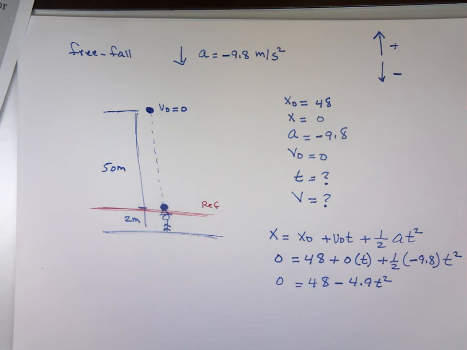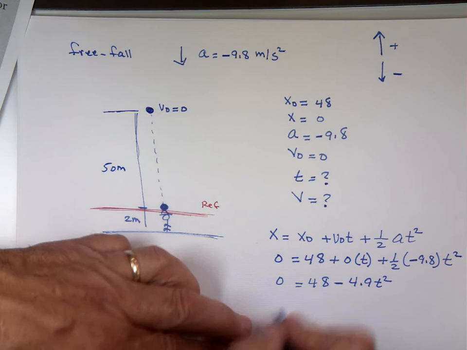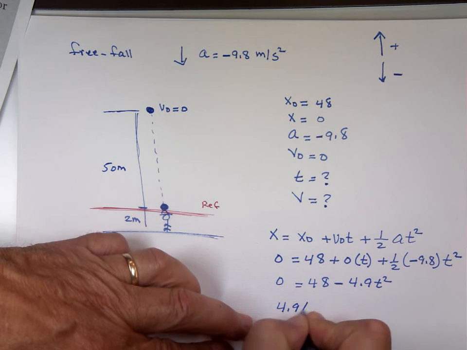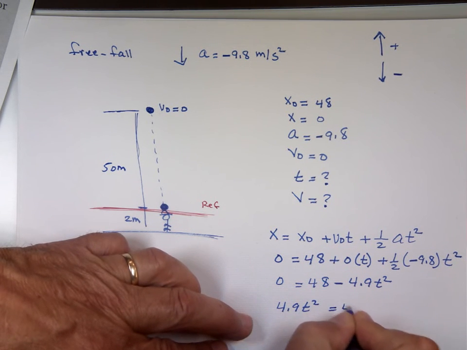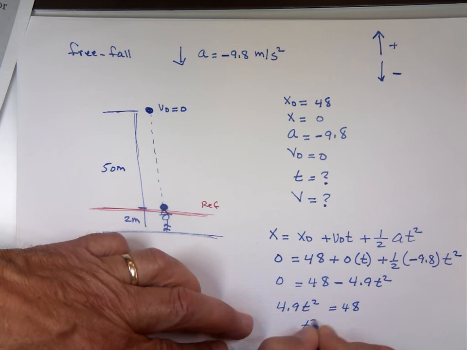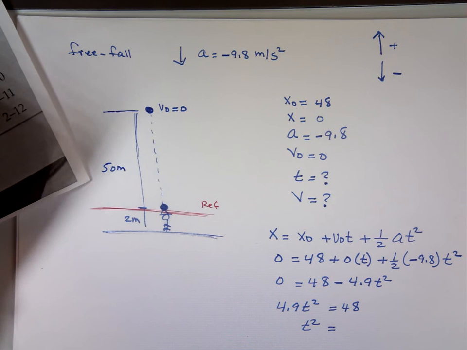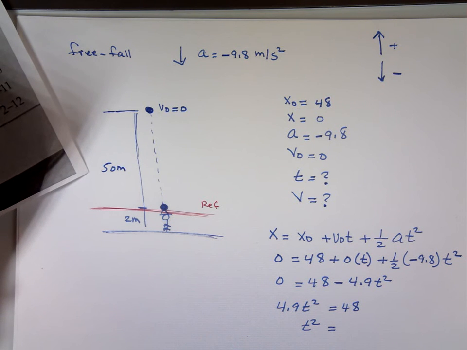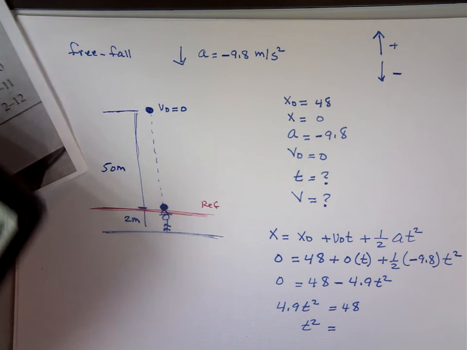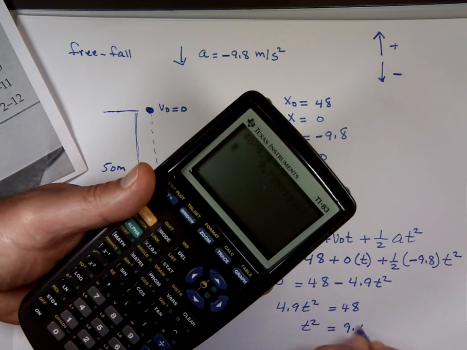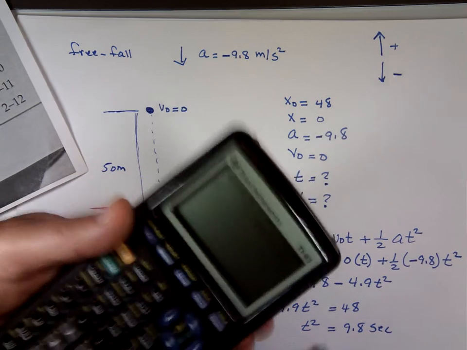So 4.9 t squared equals 48. t squared equals what? Almost 10. 48 divided by 4.9 is 9.8, which means seconds squared here, because that's t squared. What's t equal to?